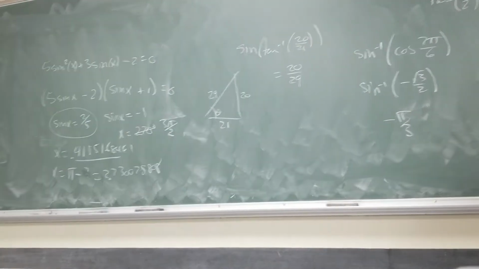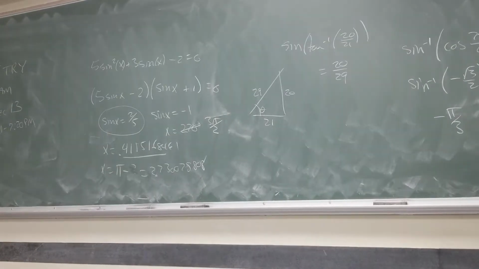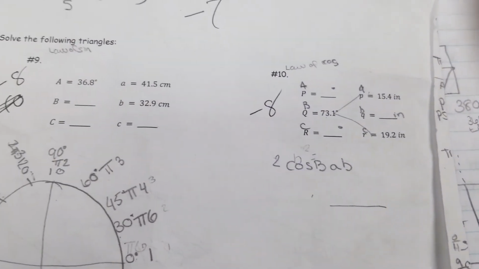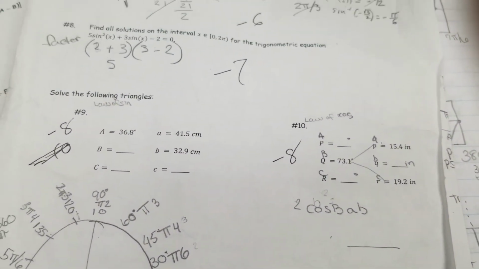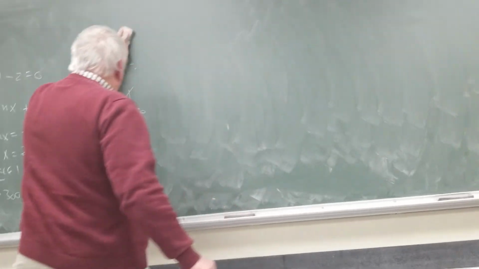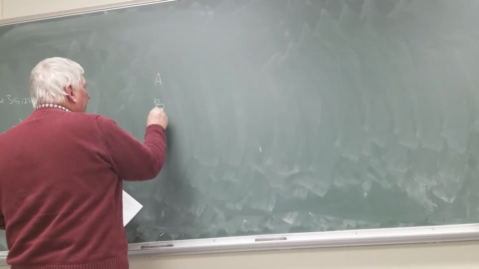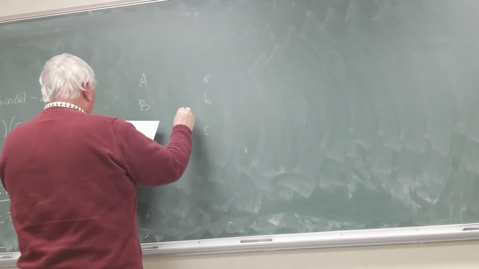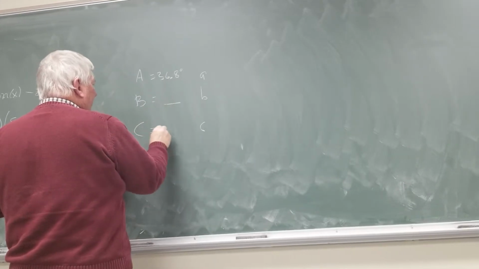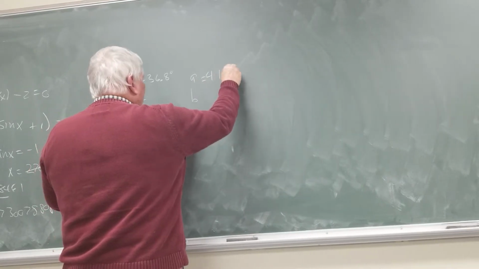And number 9 is a law of sines, and number 10 is a law of cosines problem. So, triangle ABC, we're given A is 36.8 degrees. We don't know B, we don't know C. Given little a, 41.5 centimeters.